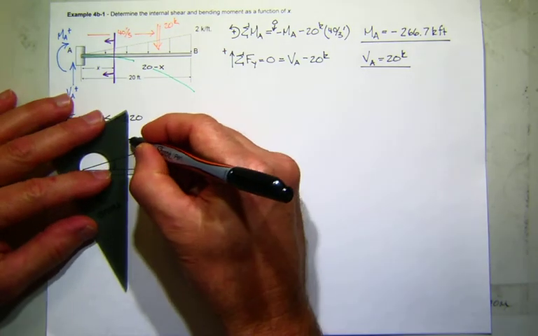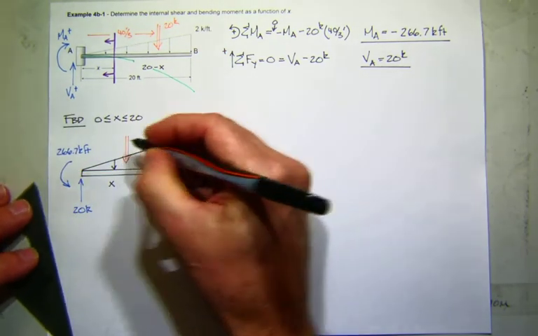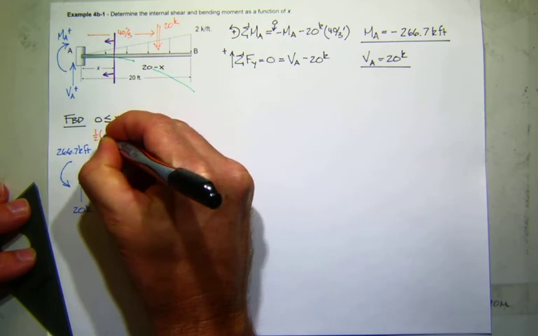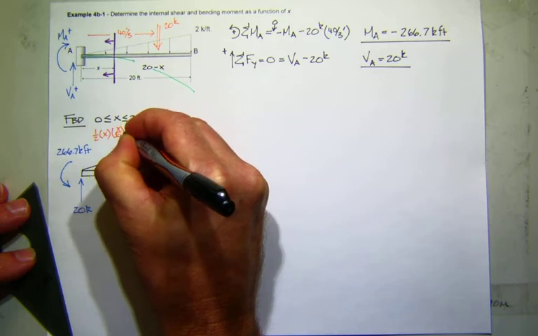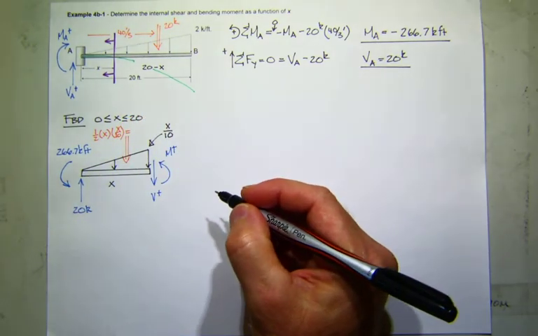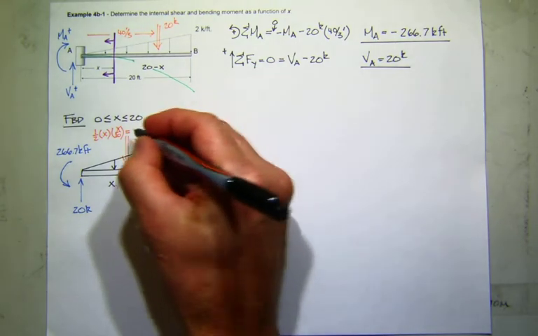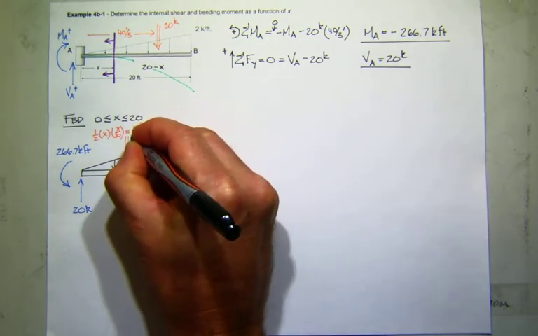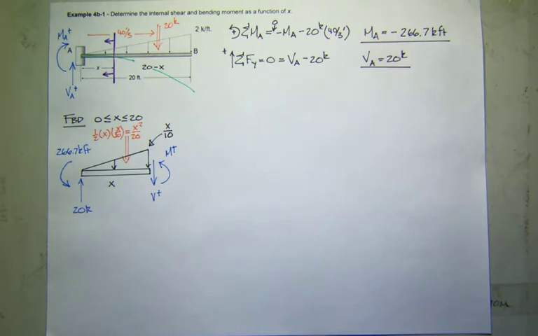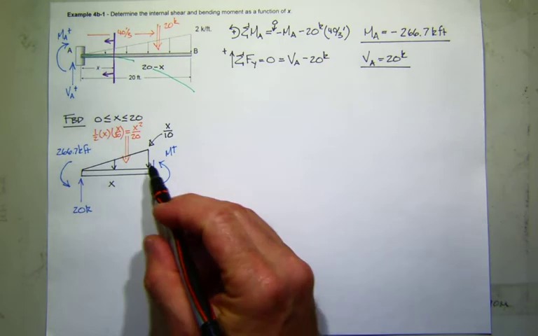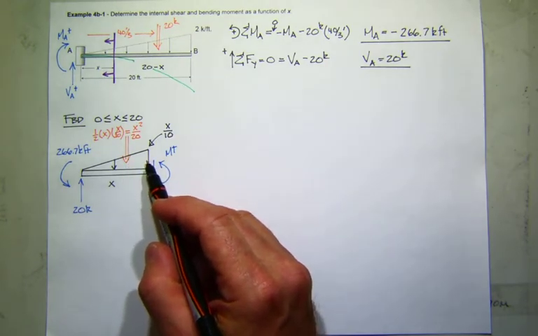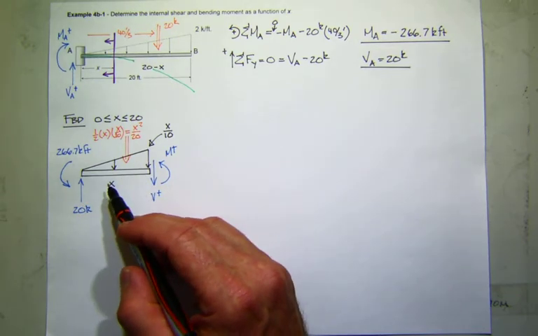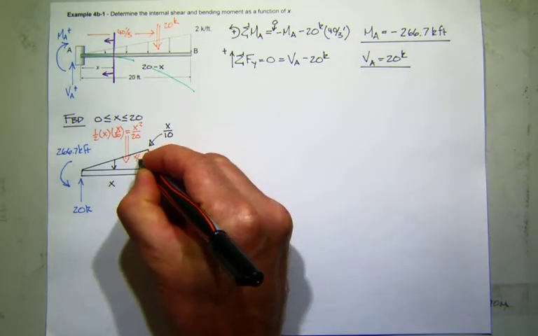So that force should be 1/2 the base x times the height x over 10, which is x squared over 20. You see that? 1/2 base times height. And what's the distance from the centroid of the triangle to the right edge? It should be 1/3 the distance. What's the distance? X. So this should be x over 3.